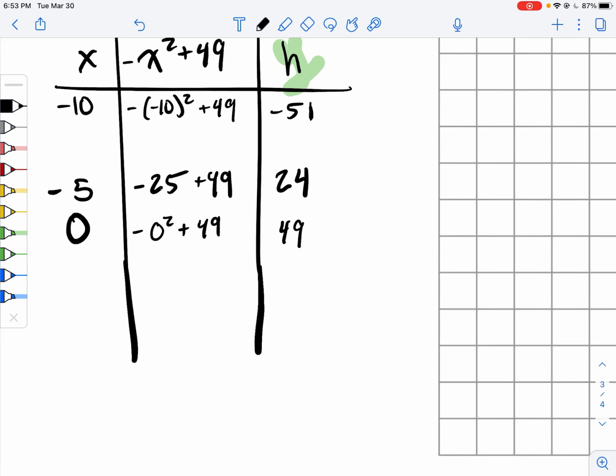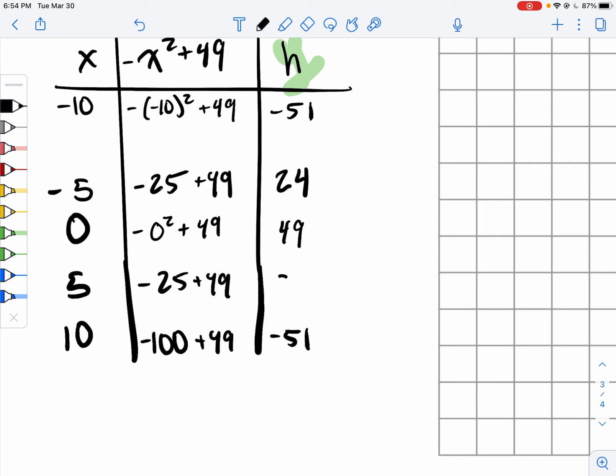Let's plug in 2 more numbers. We can do +10, which gives us -10 squared, which is -100, plus 49 still comes out to -51. And 5 gives us -5 squared is -25, plus 49 still comes out to 24.